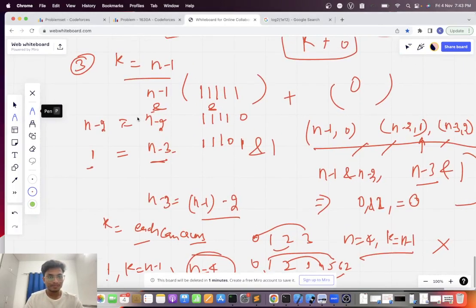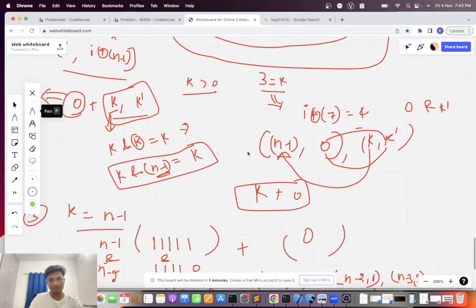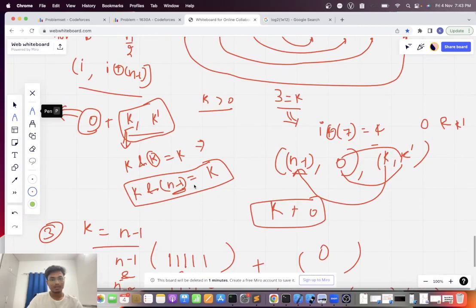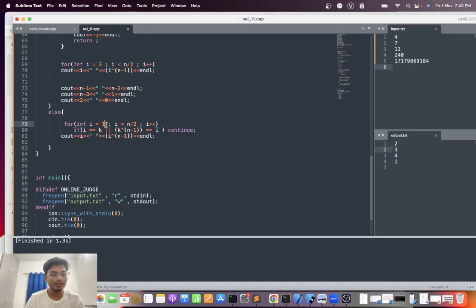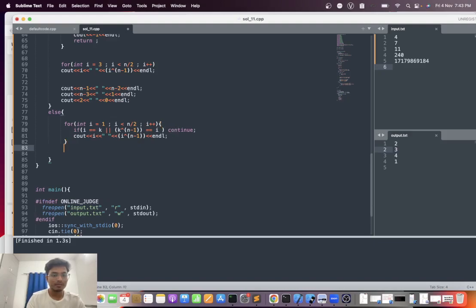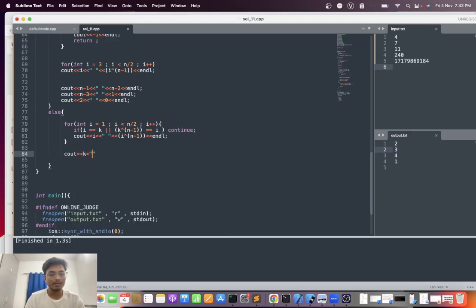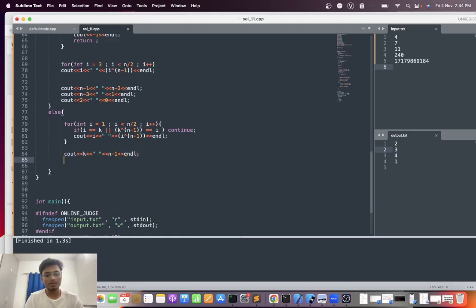And for that one, here is the second case, that is k with n minus 1. I have to take values starting from this one. So what will that be? k with n minus 1 will give me value k, and the remaining will be the other value of the k pair with 0.